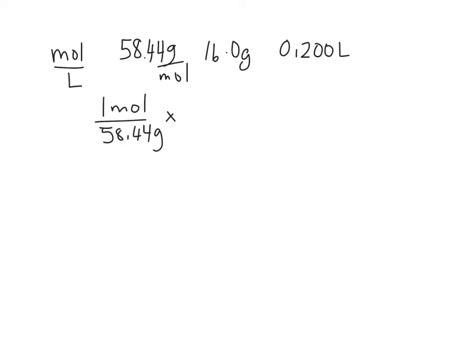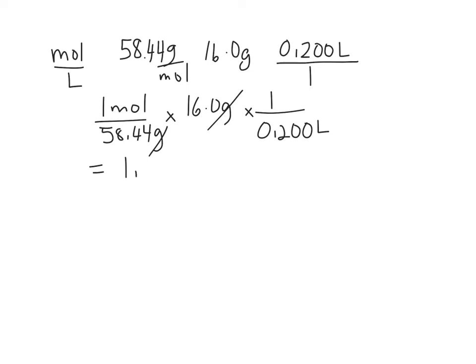We want to get rid of grams, so we're going to multiply it by 16 grams. And we want liters to be on the bottom. So 0.2 liters is like 0.2 liters over 1. If we invert that, now our units are moles over liters. So 1 times 16 times 1 divided by 58.44 divided by 0.2, and we get 1.37 moles per liter. So you still can use dimensional analysis if you prefer it.